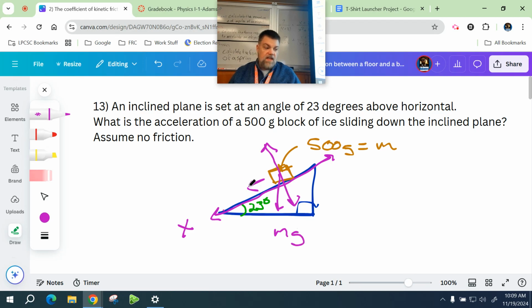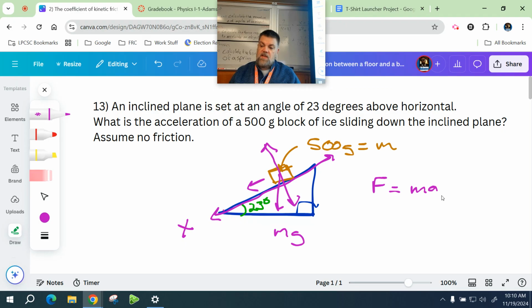And then to find this portion of that, remember that when we say force, it has two meanings here.